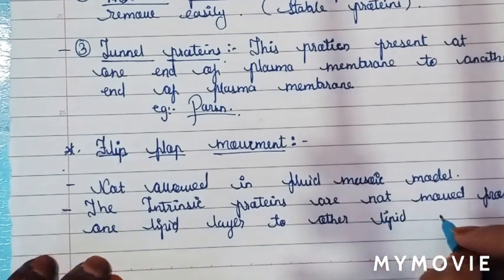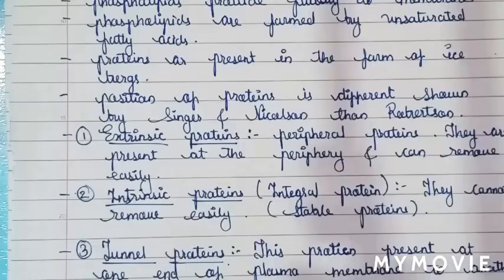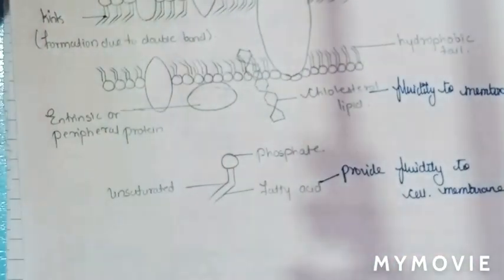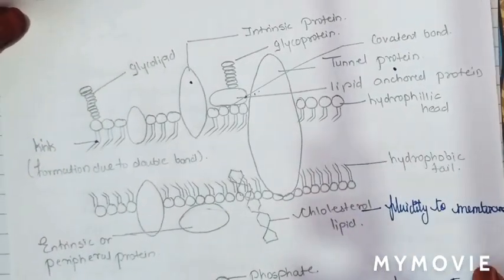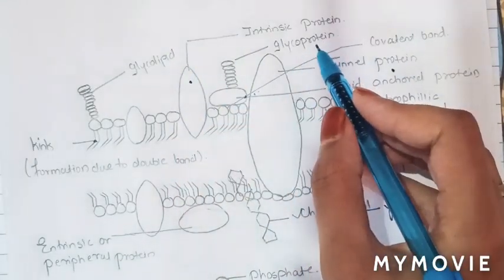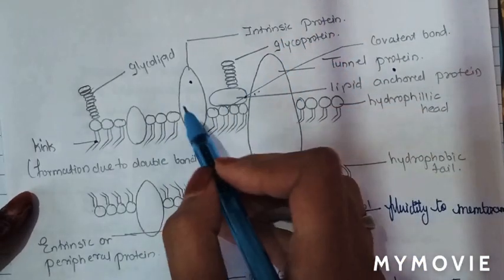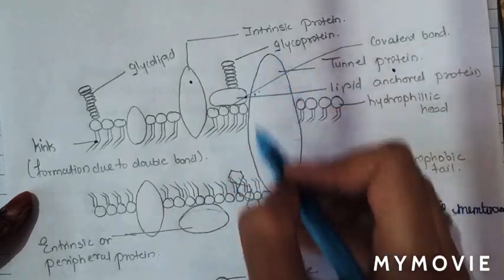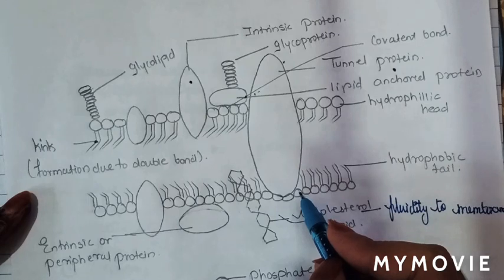So this was the structure of the fluid mosaic model. Once more we will look at it. Here you can see the glycolipids and glycoproteins. Here you can see the intrinsic protein embedded in the hydrophilic head and hydrophobic tail. Here you can see the tunnel protein, present from one end of the plasma membrane to the other.